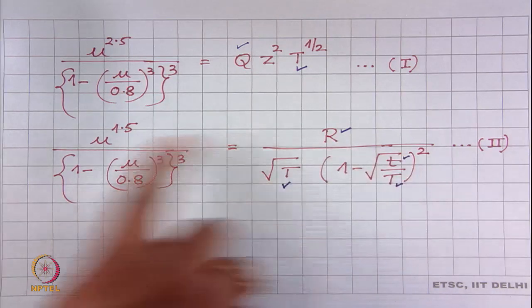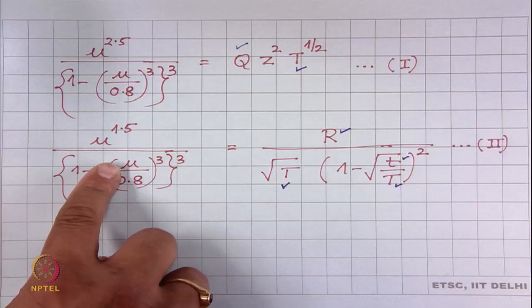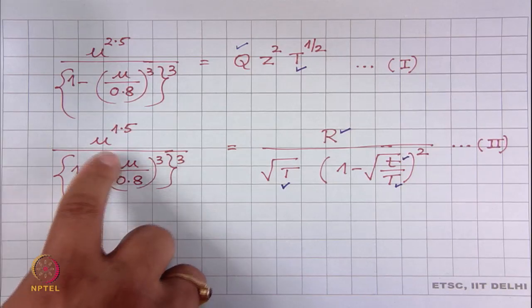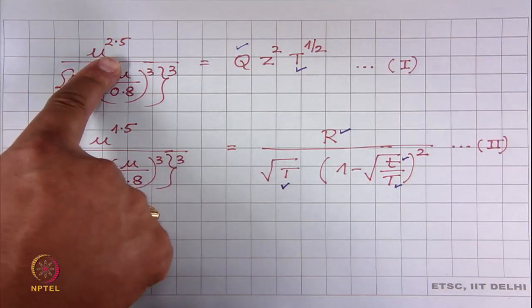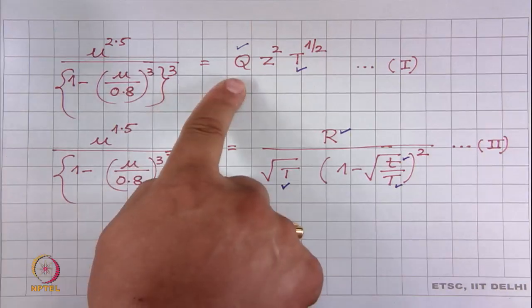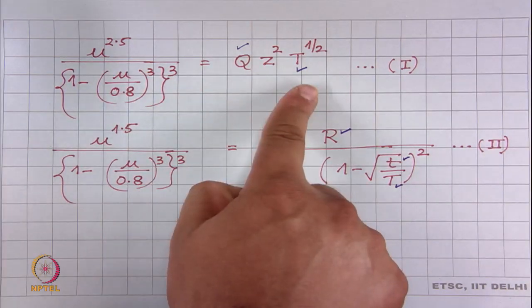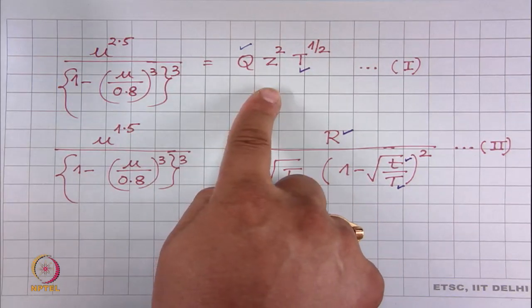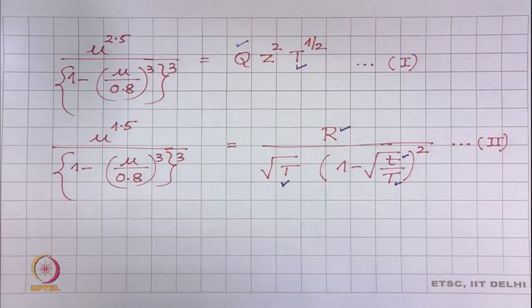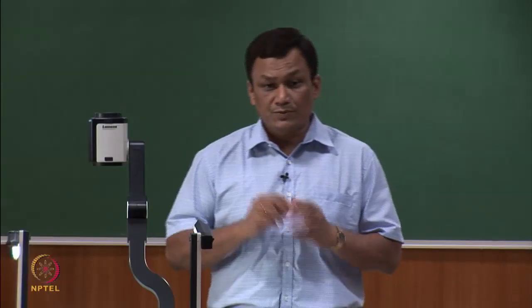Then we have to solve for mu. The value of mu what we obtain, we will substitute in left hand side of equation 1. Before yarn production, Q is known, capital T is also known. So, what is unknown? Only Z. So, one expression, one unknown, you will find out the value of Z. So, that much of Z, that is yarn twist, you have to insert to the yarn.